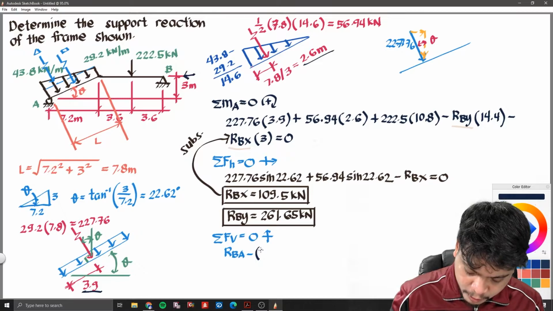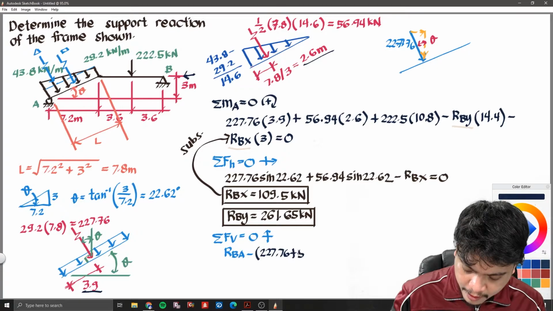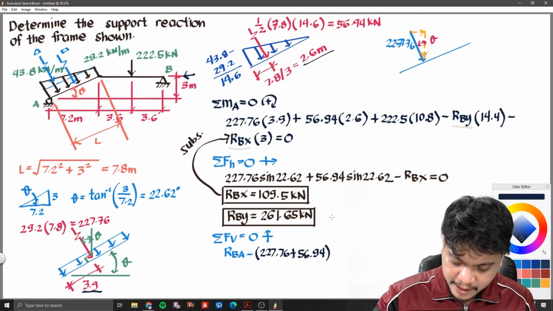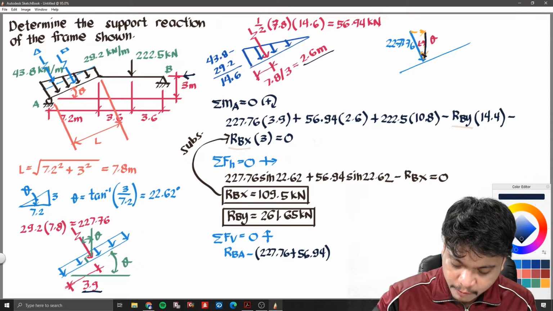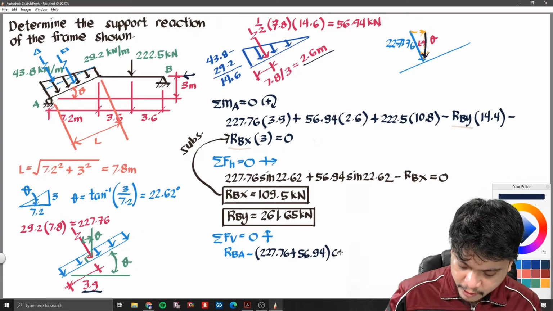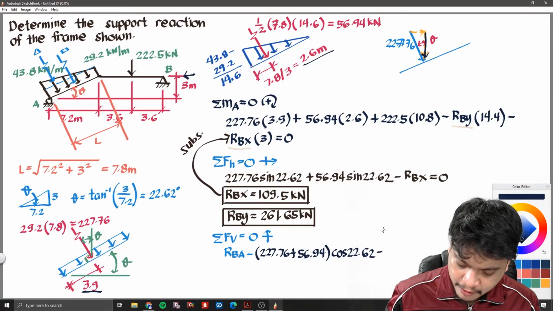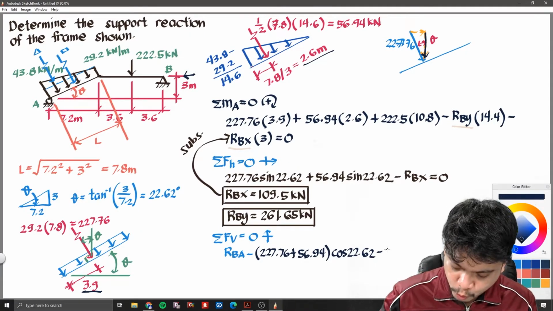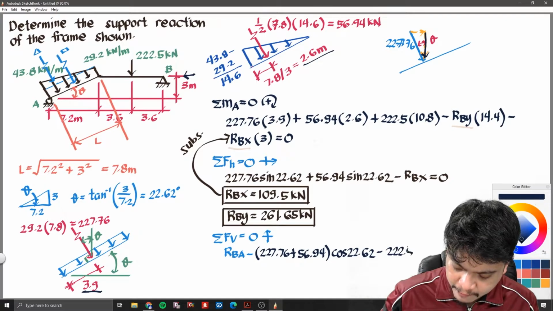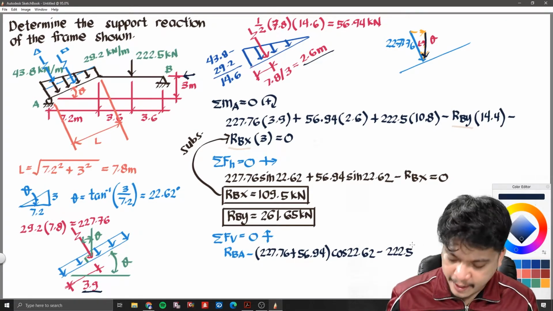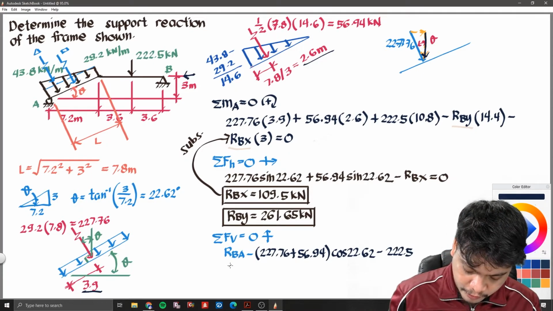So, we will be having 227.76 plus 56.94. This time, cosine naman siya. Because ito na yung aking vertical component, ano? So, you will be having here cosine of 22.62 degrees. Okay? And then, minus ako yung aking load. So, 222.5 kilonewton. And then, i-add ko ngayon yung aking RBY.